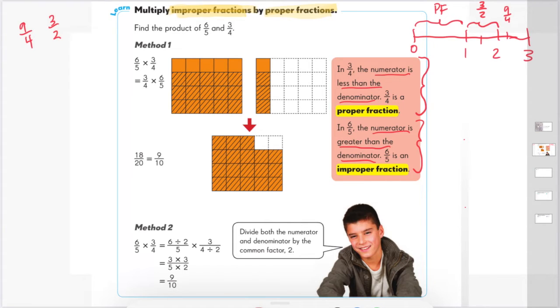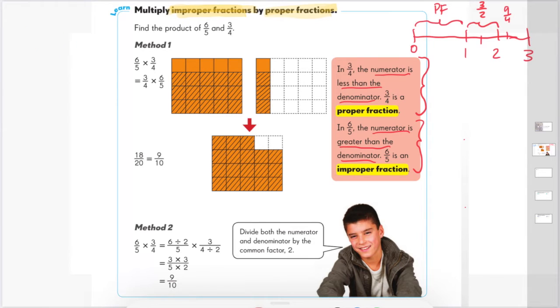In multiplication, one of the properties is the commutative property, and that simply means that we can reverse or switch the factors around, and we're still going to get the same product. The same holds true in multiplying fractions. You can switch the order of the fractions, and you're still going to get the same product.